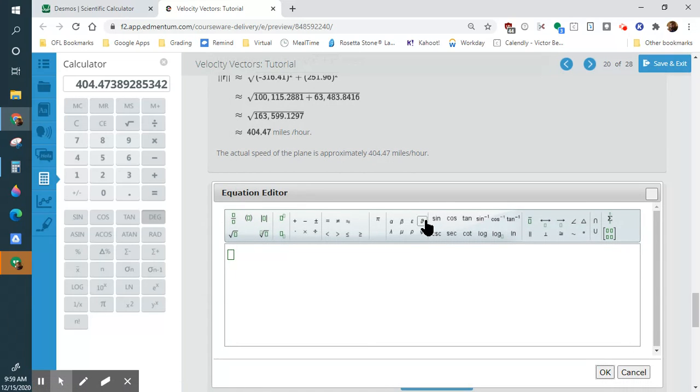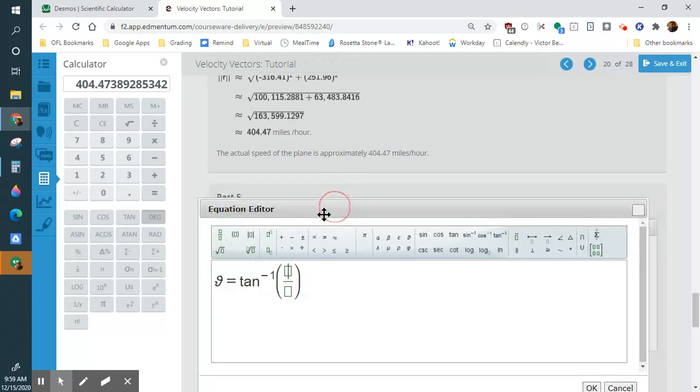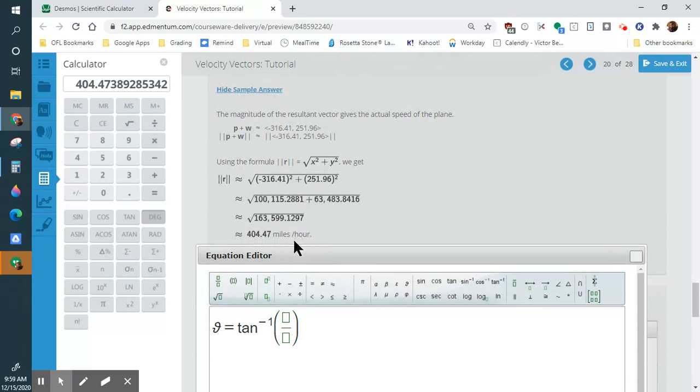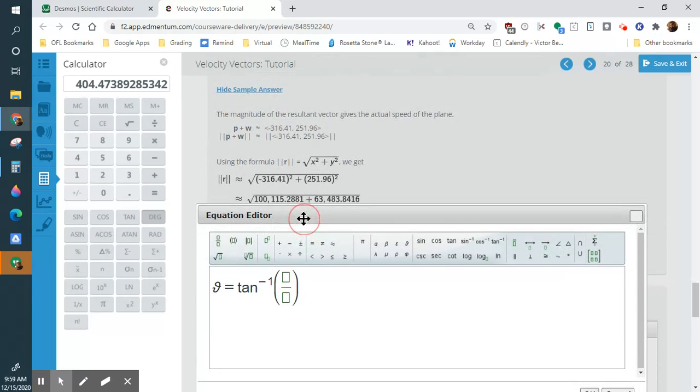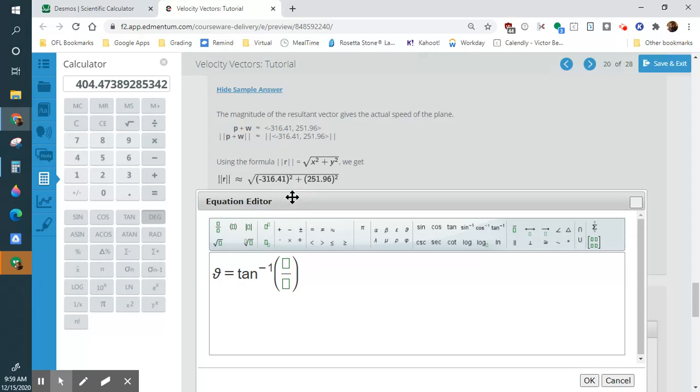Okay, so theta, remember, equals tangent inverse of, we're going to have a fraction here. And that fraction is going to be our components. And our components, as we saw, were over here.